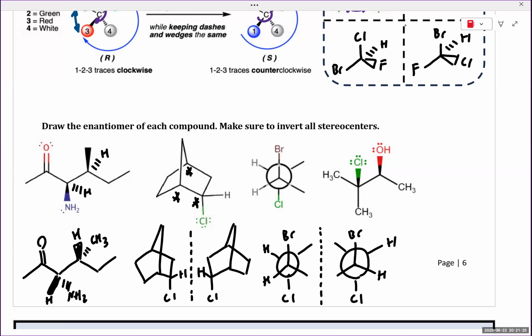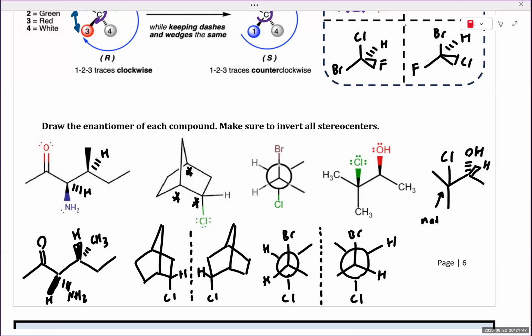Looking at this second case, it's already in dash wedge notation, so I'm going to use the inversion method. I'm going to keep the skeleton exactly the same, and I'm just going to invert my dash wedge notation. Now, you noticed I didn't draw the chlorine with a dash or a wedge.